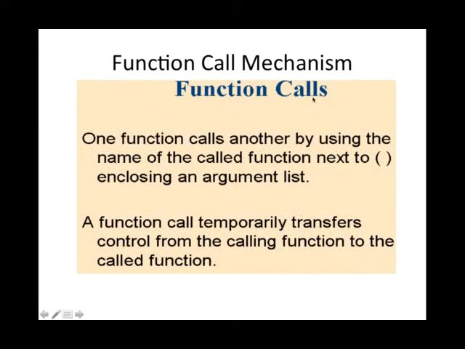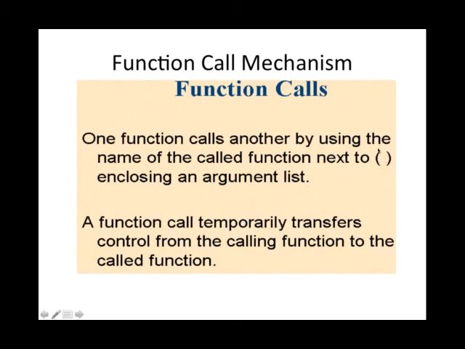And the function call mechanism is like this. One function calls another by using the name of the called function next to a parenthesis, and this parenthesis includes an optional argument list. Actually, arguments are a way for functions to communicate with each other.